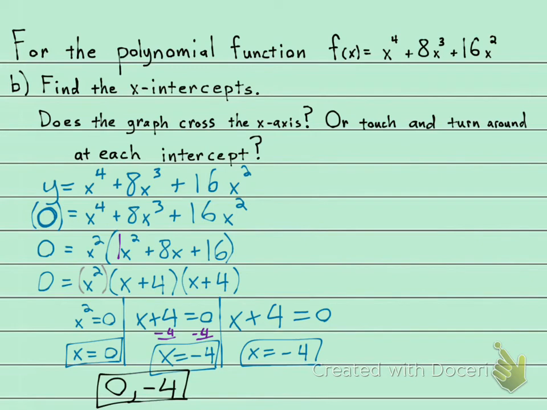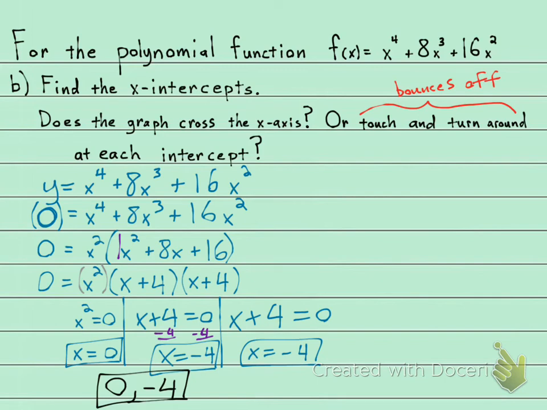Okay, the other part of this question asks if the graph crosses through or touches and turns around. Touches and turns around is the same thing as bounces off. And I determine that based on the multiplicity. So when I look at my zeros, 0 and negative 4, when I look at my x-intercepts, I look at how many times they happen.